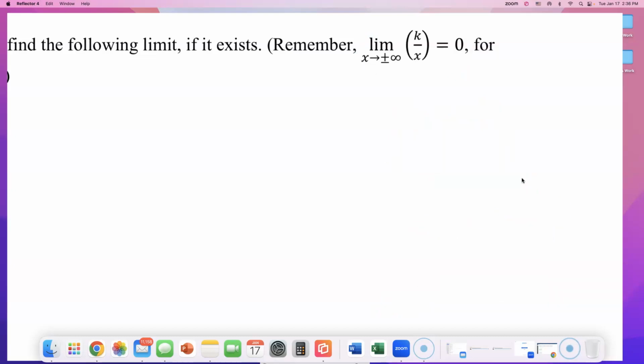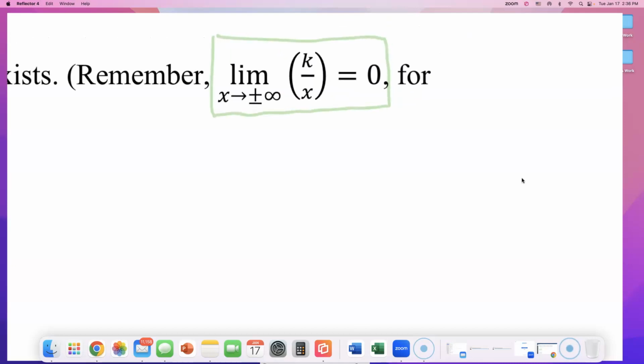So, if you were to memorize one thing, it's this one right here. Anytime you have a number over x, any number over x, and the limit is telling you to go to positive or negative infinity, that's going to be automatically 0, because you're looking at a fraction that has a really big bottom.